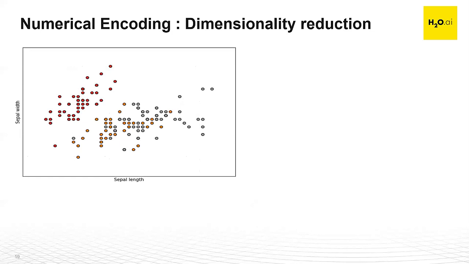If I use 2 of the most predictive ones, sepal length and sepal width, I don't get a perfect classification, but I'm still able to separate the red category from the rest. The orange and the gray are a bit mixed, so there is not perfect separation. But still, these 2 features are quite predictive.